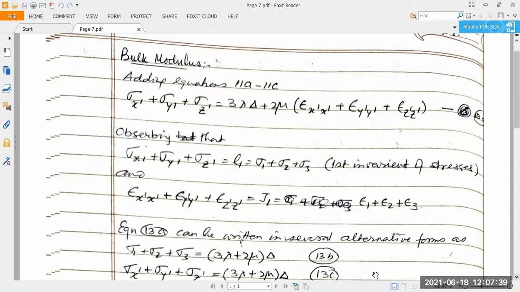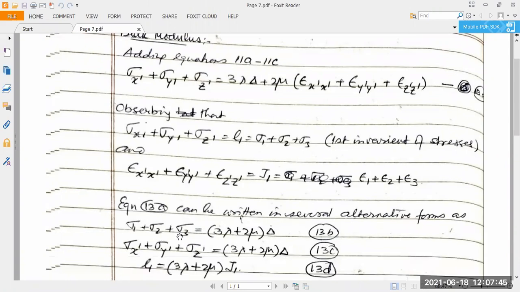This equation 13 can be written in several alternative forms, as sigma 1 plus sigma 2 plus sigma 3. We have 3 lambda plus 2 mu, and if we add them together we will get 3 lambda plus 2 mu into J1.